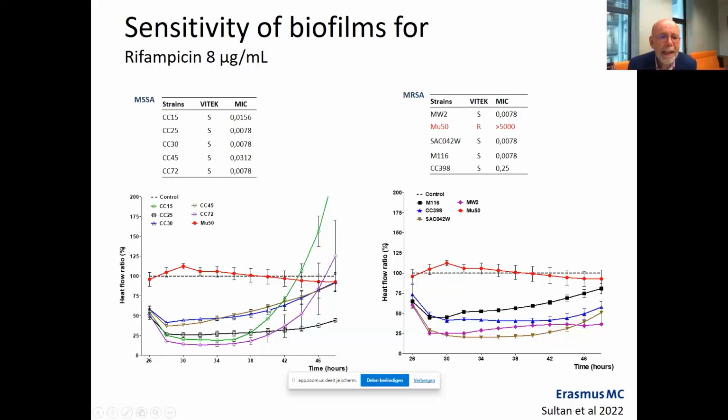Unfortunately, in the case of the MSSAs, already within 40 hours, you can see that there is an increase of bacteria again. We took these bugs and analyzed them, and indeed, these are resistant. But the ones that didn't become resistant became more or less tolerant. And the MRSAs and the MSSAs more or less behaved in a similar way.